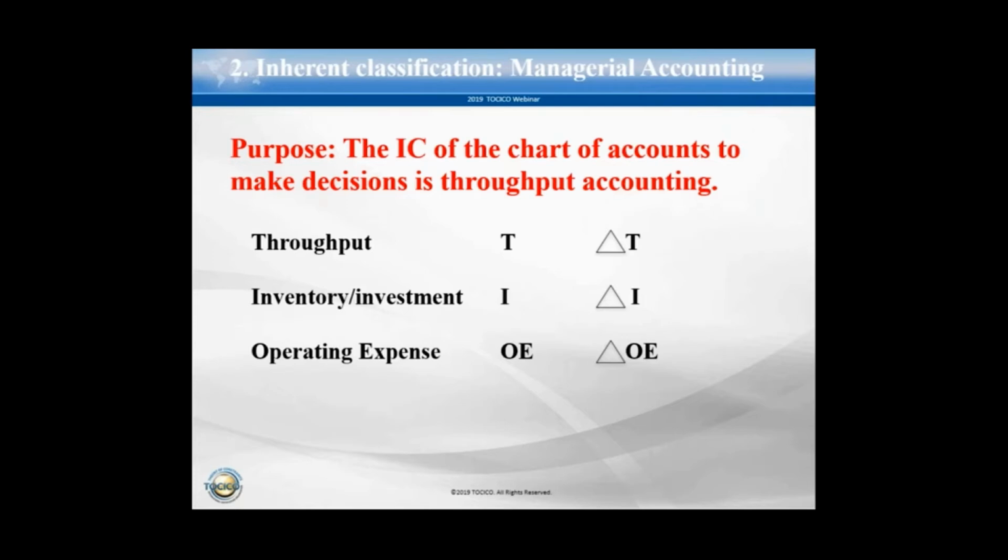So he looked at the inherent simplicity. He did not simplify. He looked at the inherent simplicity to achieve the purpose of making financial decisions, and that was to use throughput, inventory, and operating expense, which are very simple to compute to make decisions.